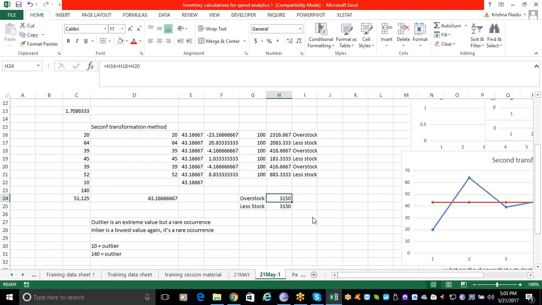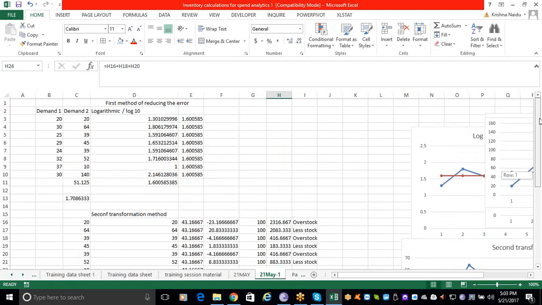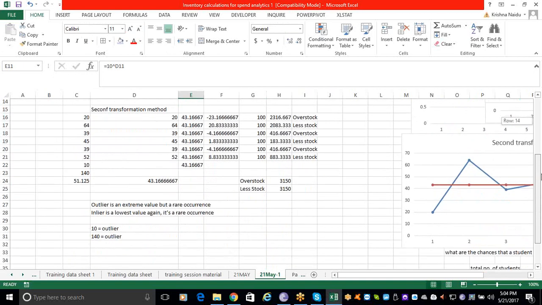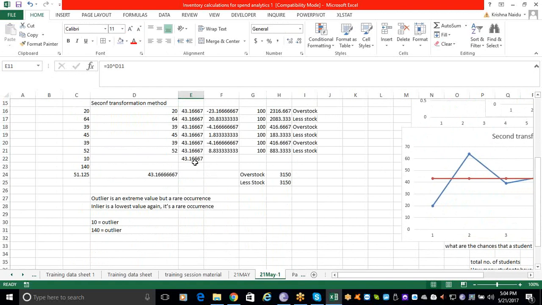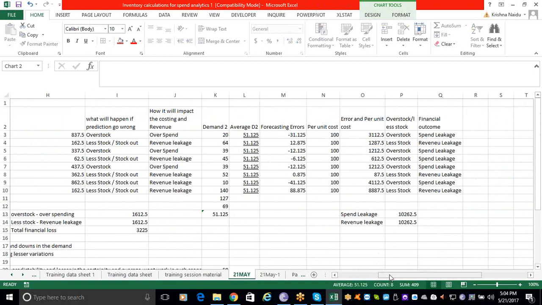So let's compare the values. So if you look at here, okay, so let's look at here.